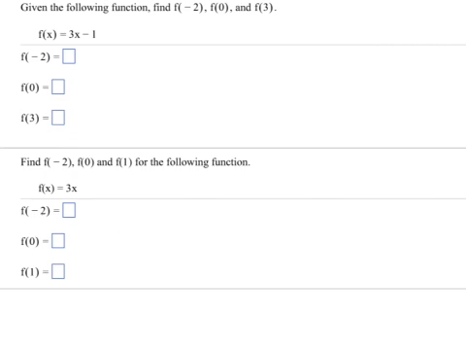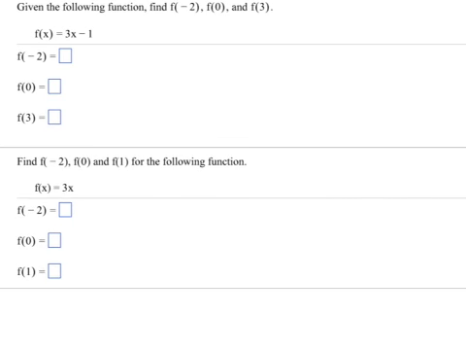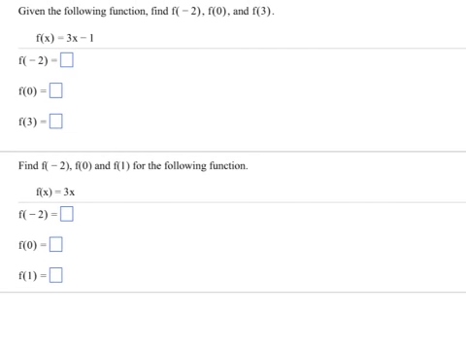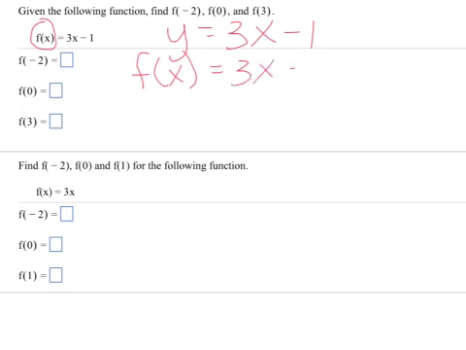In problem 10 in your homework, given the following function, find f of -2, f of 0, and f of 3. Now don't let this notation f of x scare you. F of x is the same thing as y. So it's just like y equals 3x minus 1. F of x is just function notation for y. So it's the same thing.